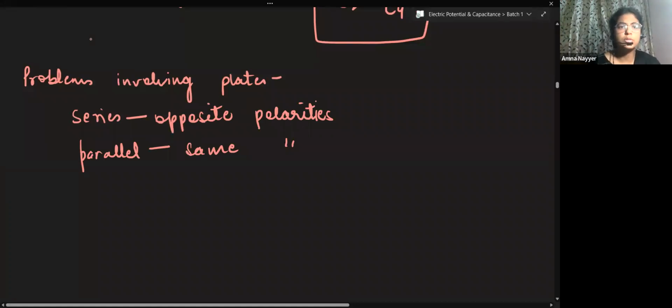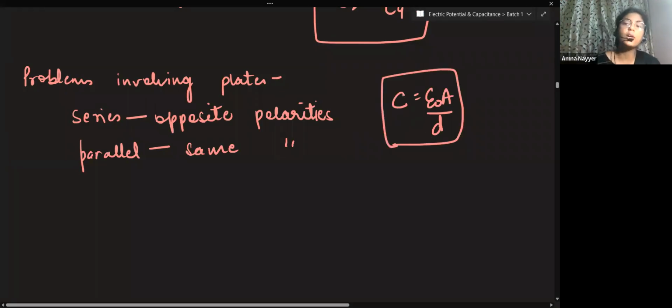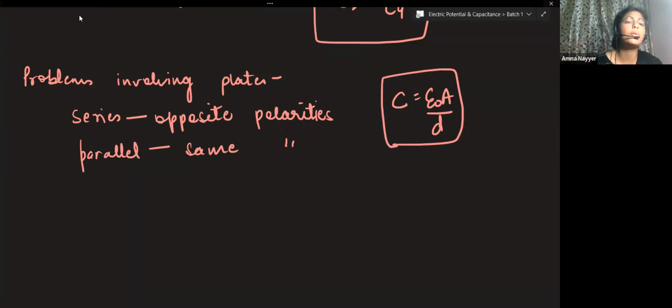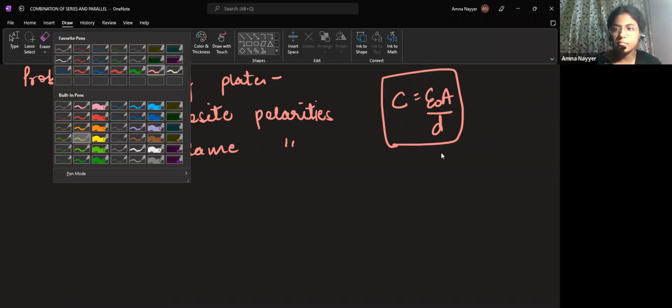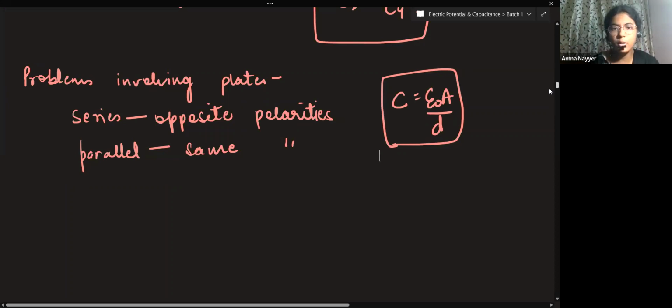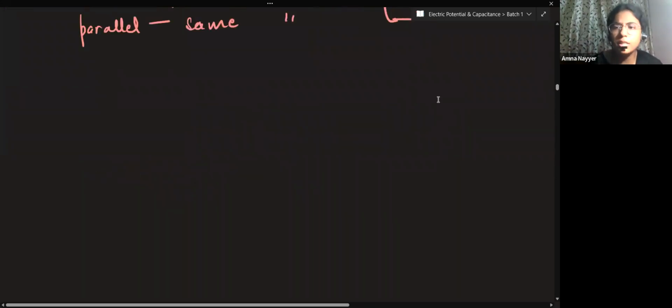Now, how to use this? And also in this, C is equal to epsilon naught A by d will be utilized. So all those who have forgotten, this is the formula of capacitance for parallel plates. Now let me show you how. So one question you will do yourself. You will try if it's possible, or I'll help you with it. See.